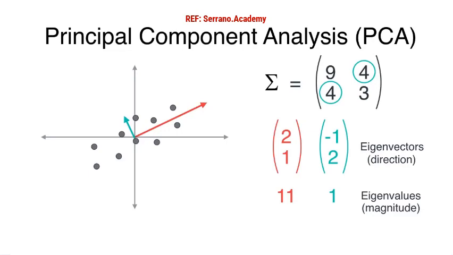Because in general, symmetric means if you reflect the matrix over the main diagonal, you get the same matrix. So the entries on top of the diagonal are the same as the corresponding ones below the diagonal. And when the matrix is symmetric, then the eigenvectors are orthogonal, or perpendicular, even in higher dimensions.